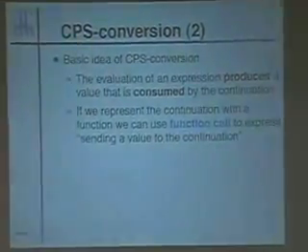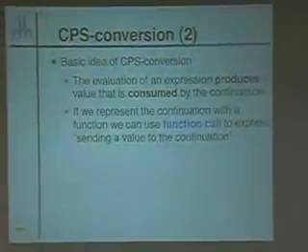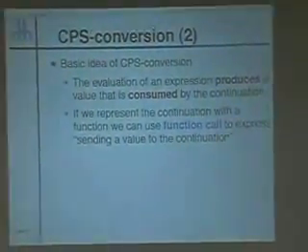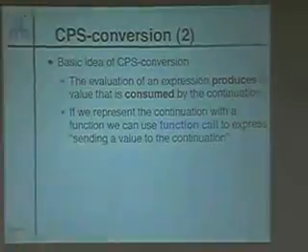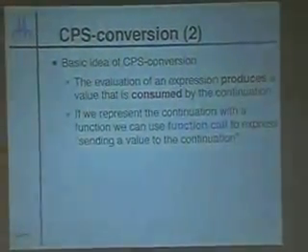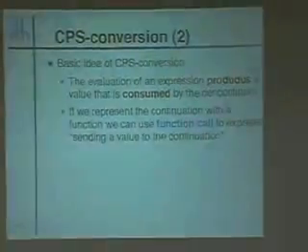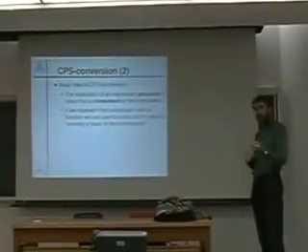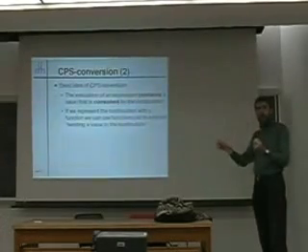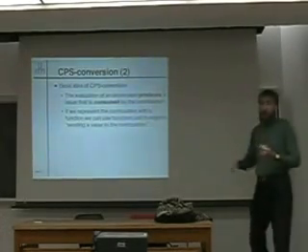So we have these two things, the producer of information, the consumer of information, and we can express the communication of the result simply by doing a function call. So in the transformed code, we'll be using function calls to actually represent returning to continuation with a particular value.